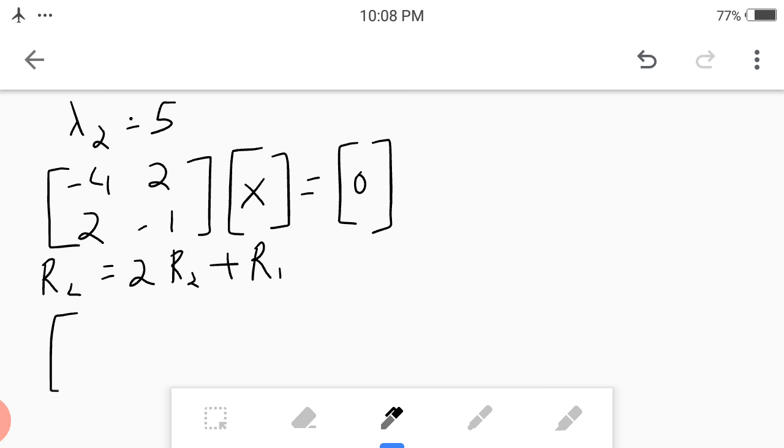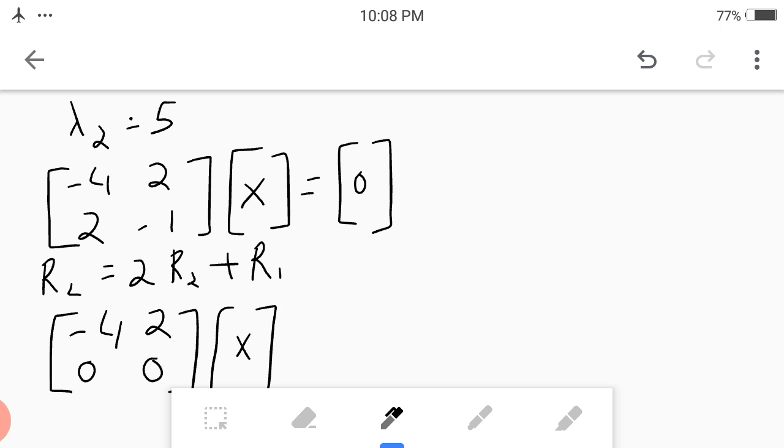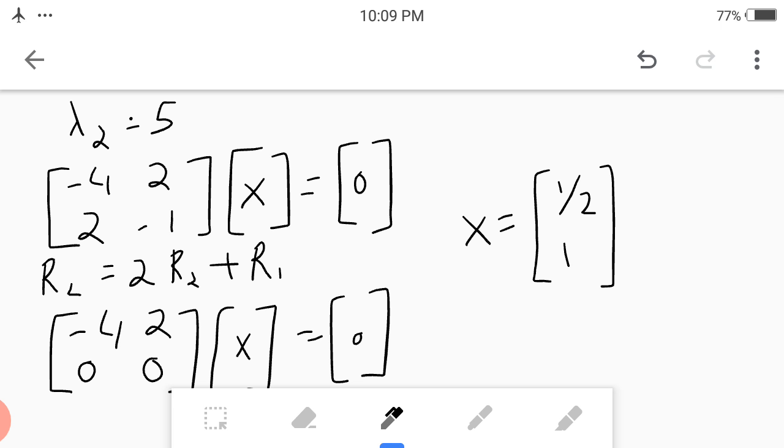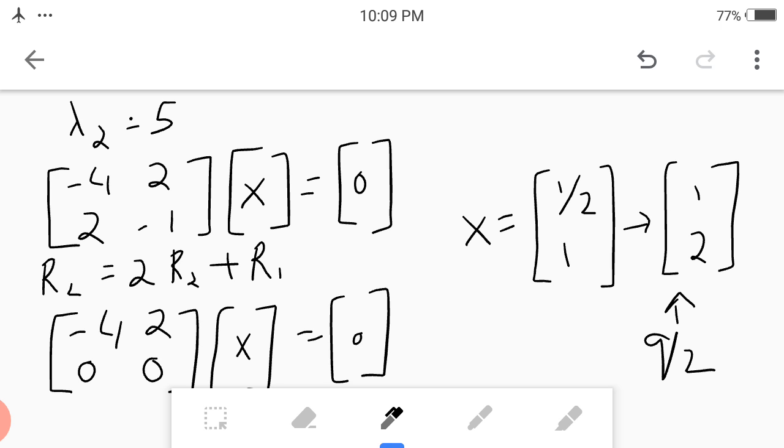So your matrix has become [minus 4, 2; 0, 0], and times x should yield 0. Here again you are going to set your free variable as 1. If you compute, you get half. You can multiply it by 2 to get 1, 2. You are removing the fraction. Okay, we will call this q2.